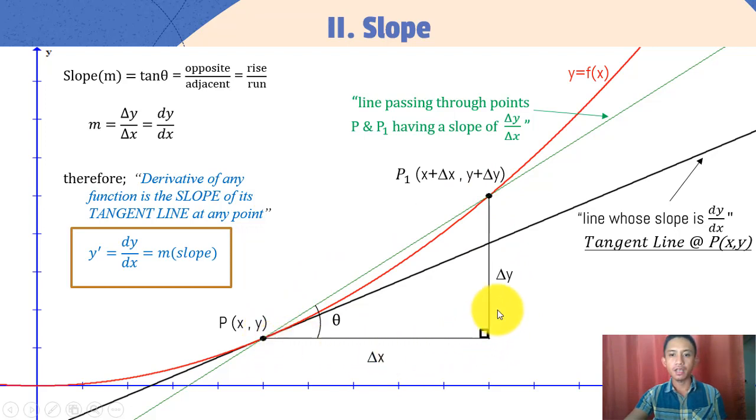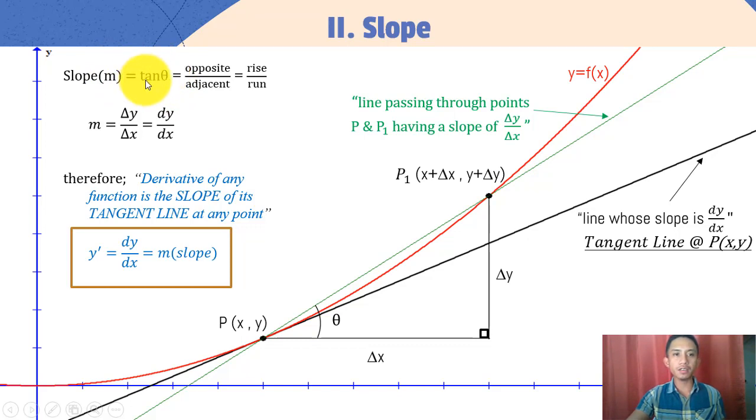If we say slope, we consider the angle from the horizontal, so let's say that is theta. According to your geometry before, slope corresponds to m. We use m to signify the slope. So m, or slope, is just the tangent of the angle from the horizontal.